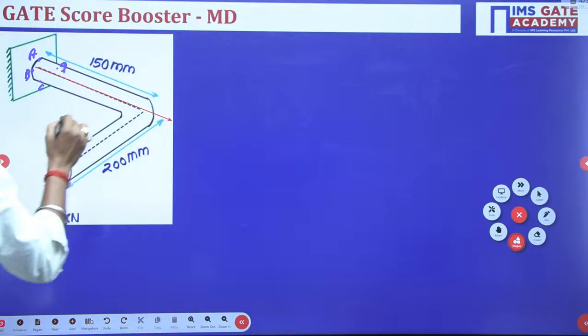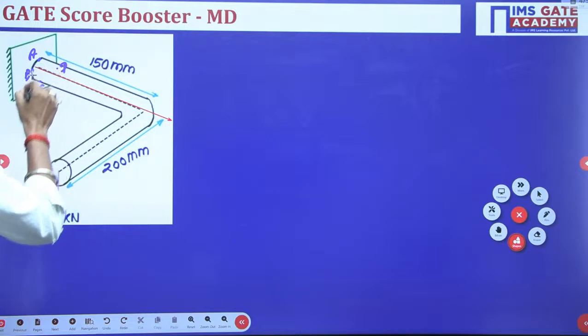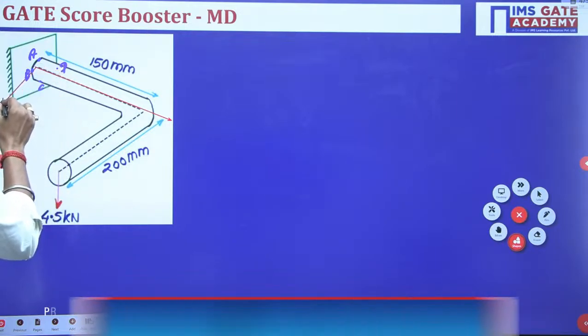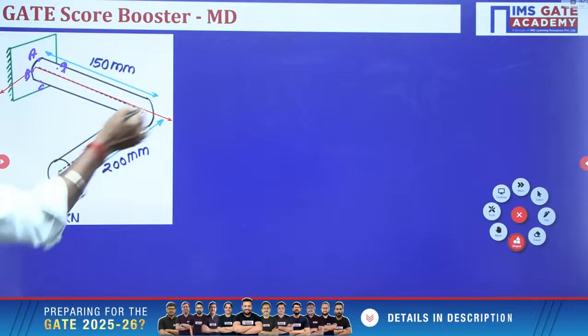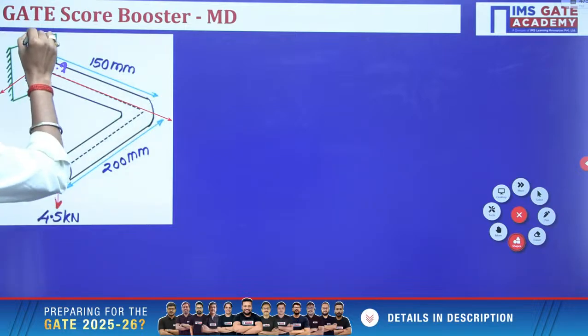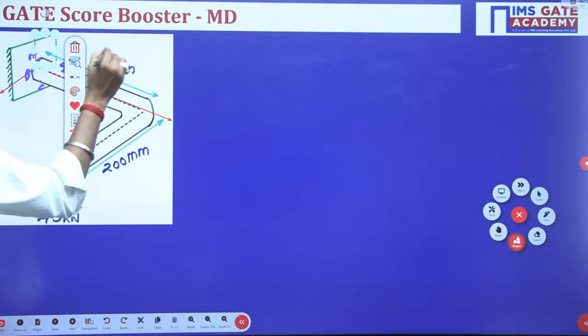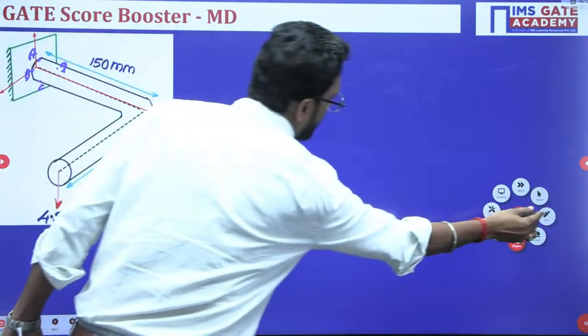This is our z axis, and from here this is our x axis, which is parallel to this end, and this is your y axis. So there are the x axis, y axis, and z axis.